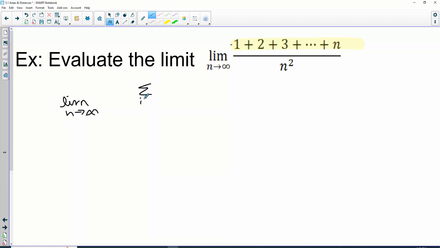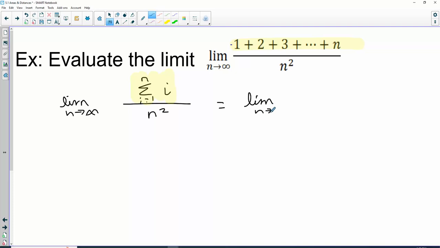This is a sum from 1 to n of i, because they're all to the first power. If they were squared, it would be i squared, or cubed, it would be i cubed, over n squared. Still hard to do this limit at this point, but don't we have a formula for what this adds up to?